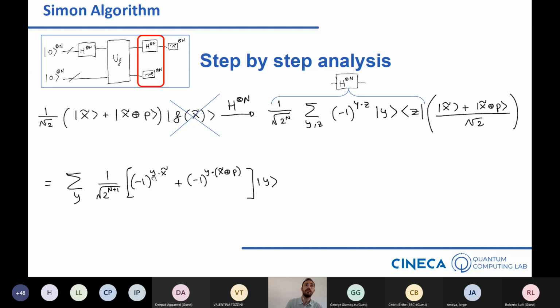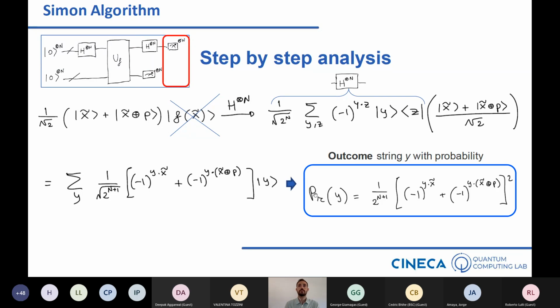So it is (-1) to the y times x tilde plus (-1) to the y times x tilde plus p. Okay. Again, this inside the parentheses, with the 1 over square root, is the probability of obtaining as output a given string y here, in the first register of n qubits.